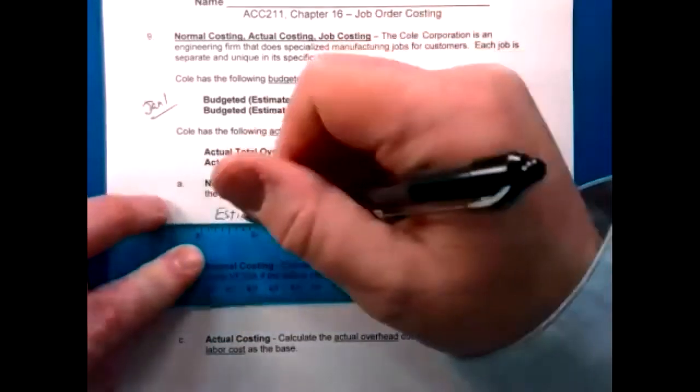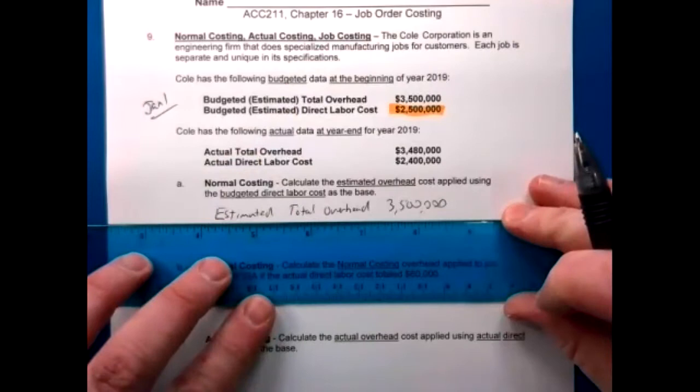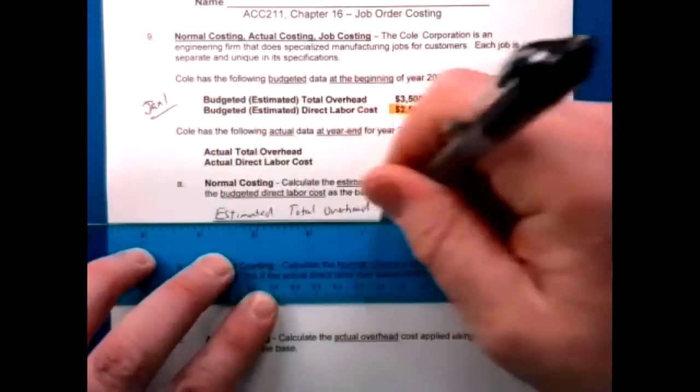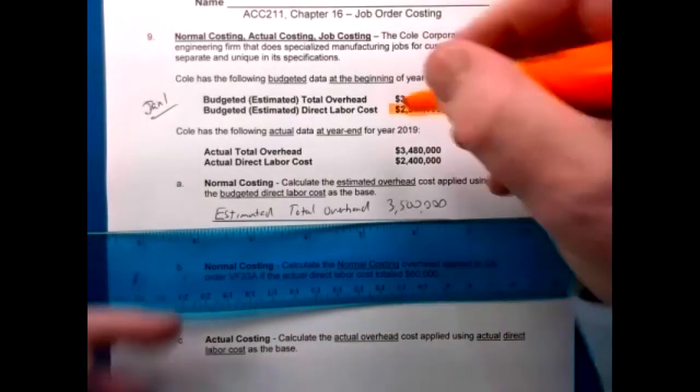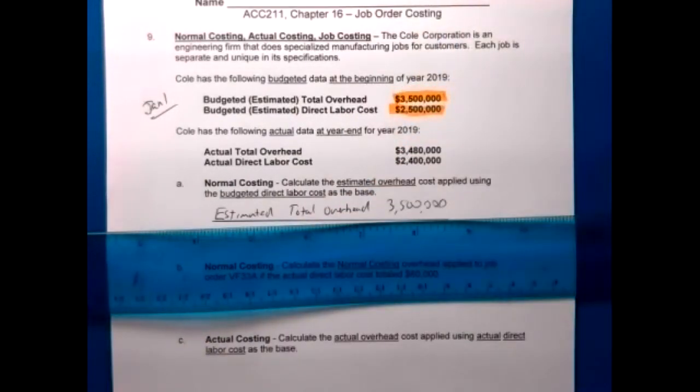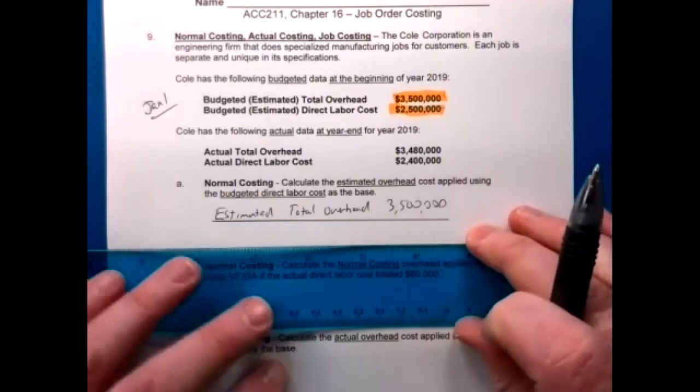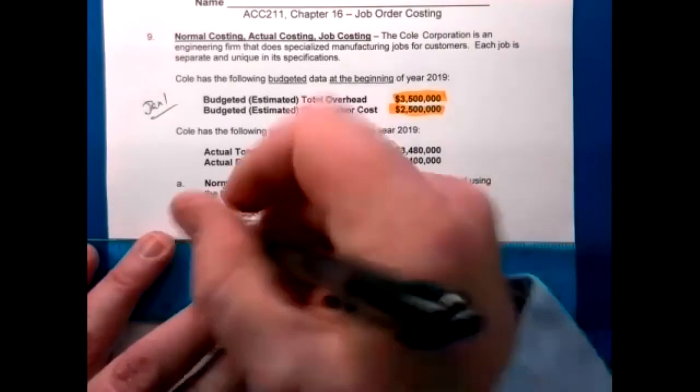Okay, so this is divided by the estimated direct labor cost.